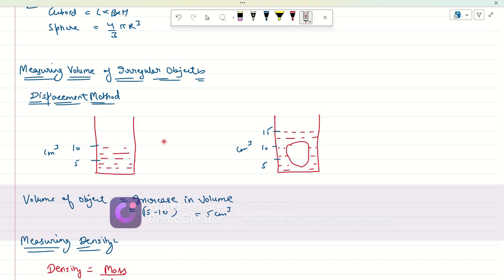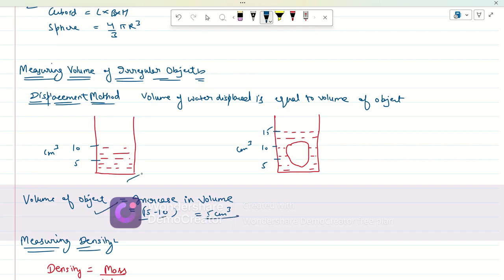So the volume of water displaced is equal to the volume of the object. Here we can see the volume displaced is 15 minus 10, that is 5 centimeter cube. This means the volume of the object is 5 centimeter cube.